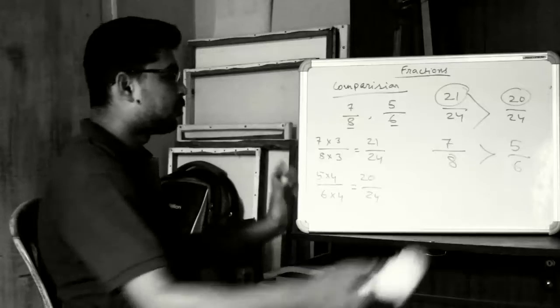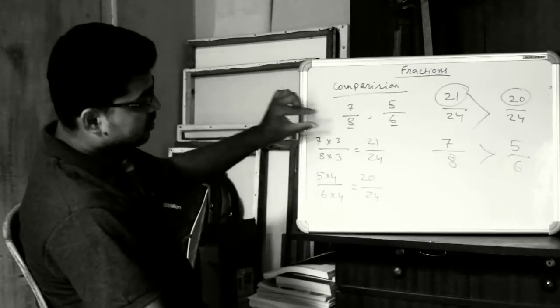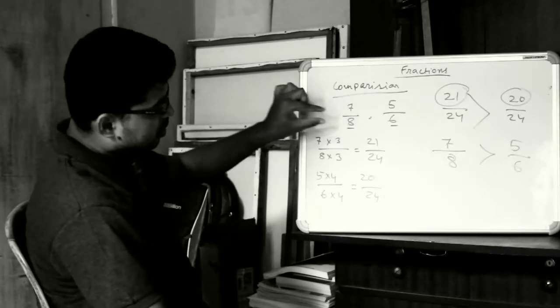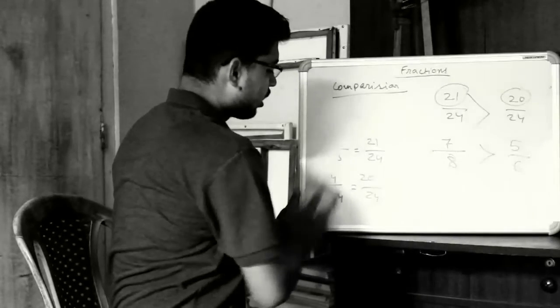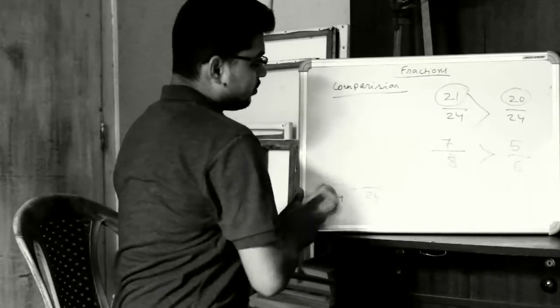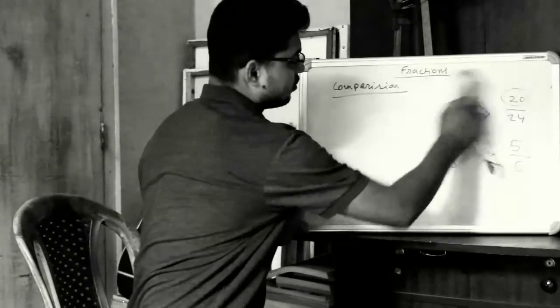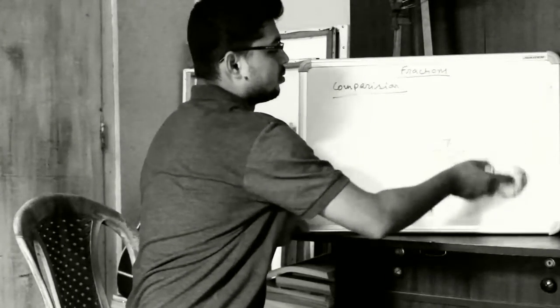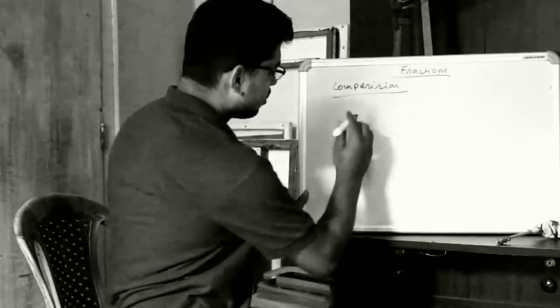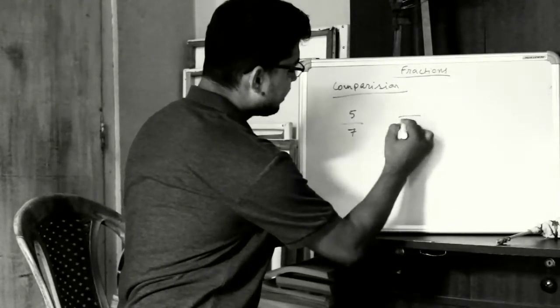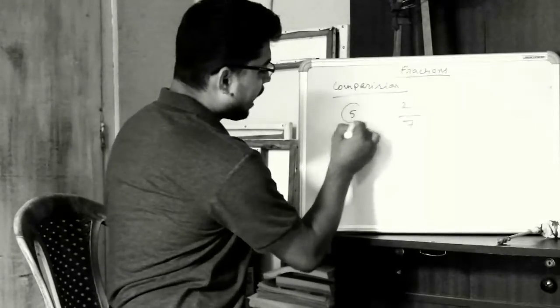This is the normal process for unmatched denominators. For matching denominators, how to calculate? For the same denominator, compare 7 by 5 and 7 by 2. 5 is bigger than 2.